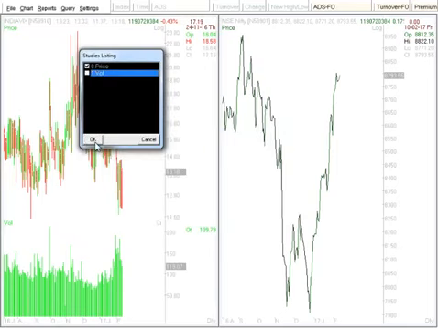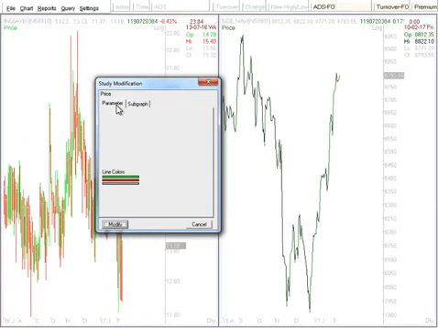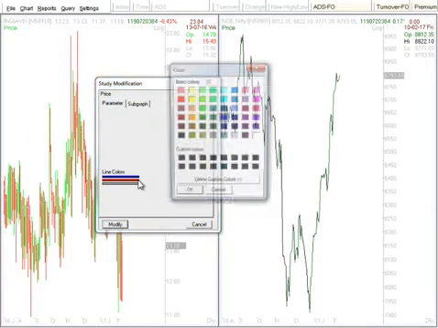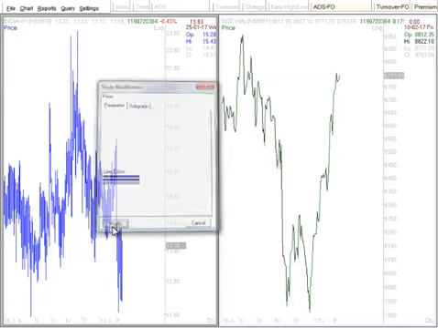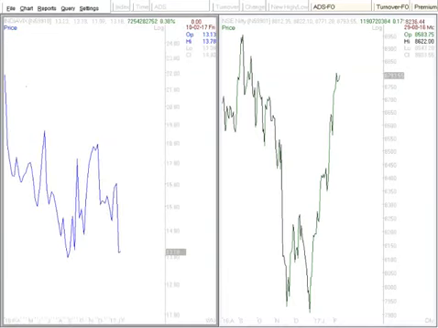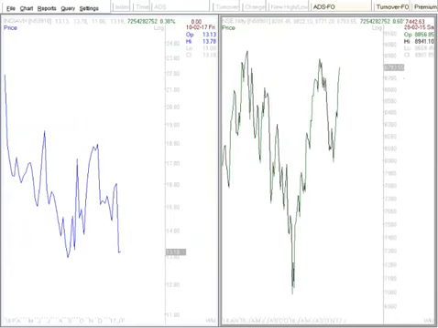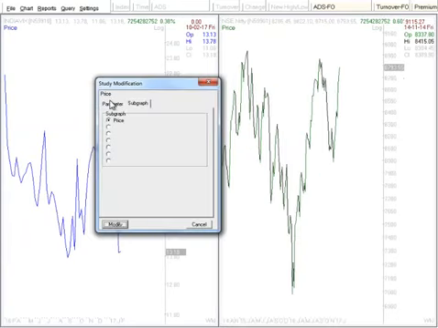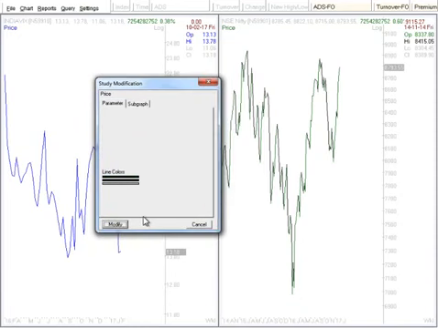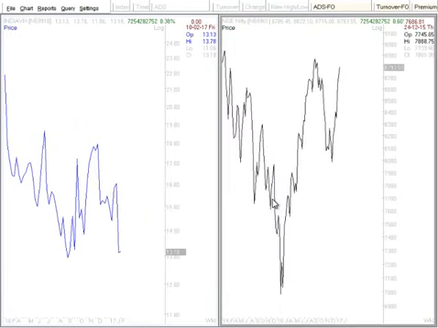On my left hand side, I will plot India VIX in blue. On my right hand side, in black, I will have Nifty and its weekly charts, so that the choppiness is less.